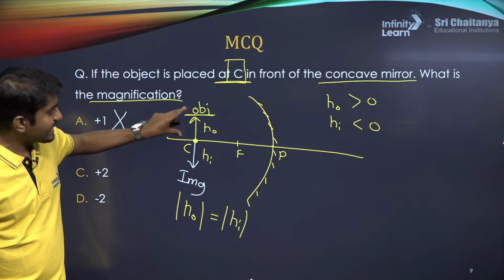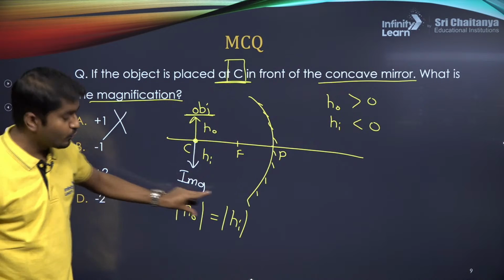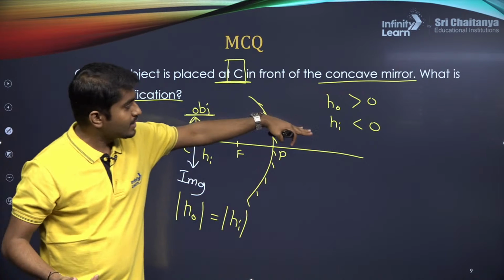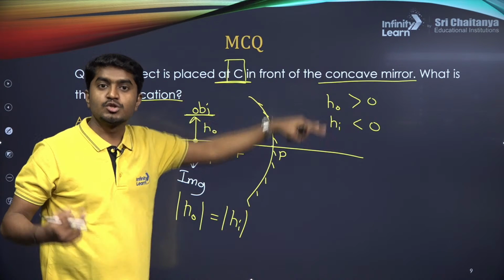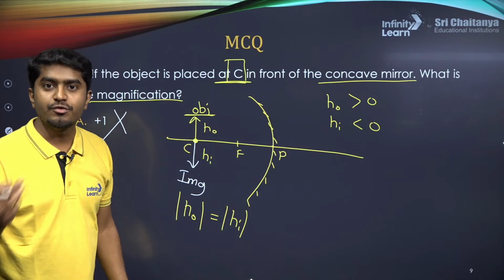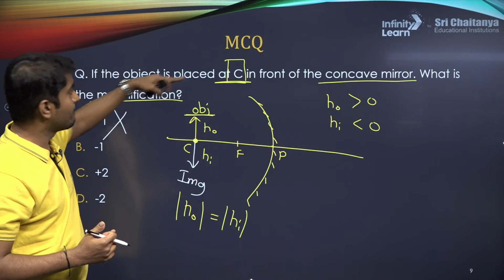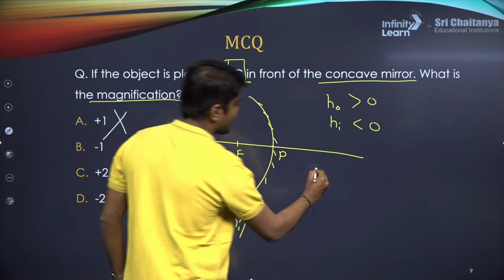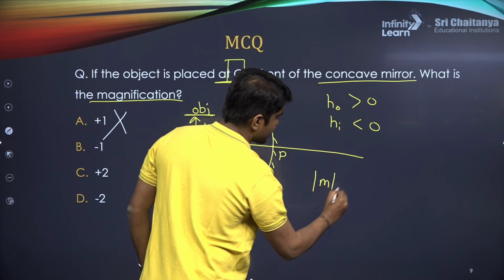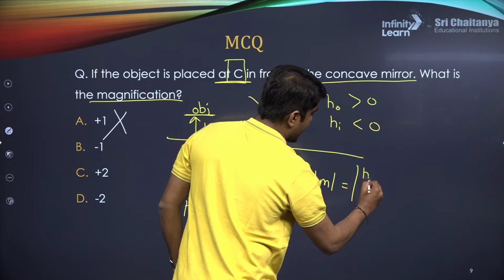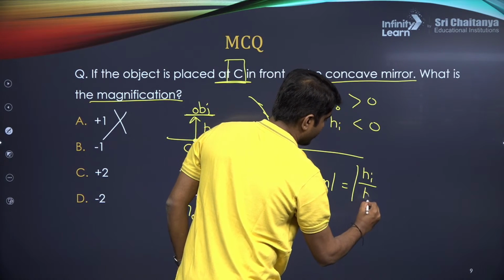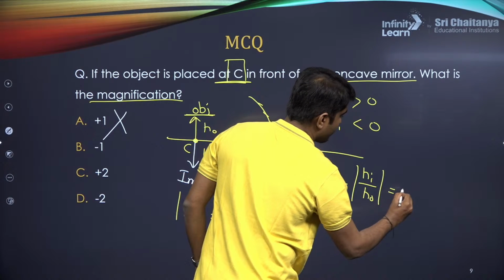Their size is the same. But you need to consider the sign convention. So the magnitude of magnification is the height of the image divided by the height of the object, which will come out to be 1.